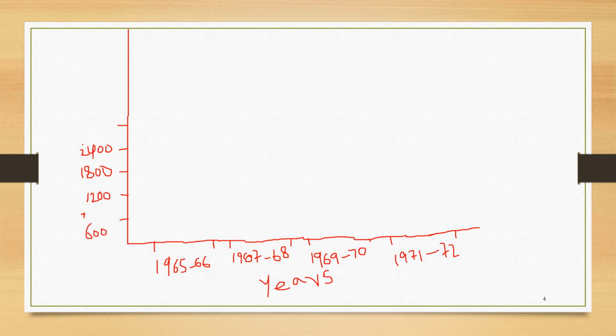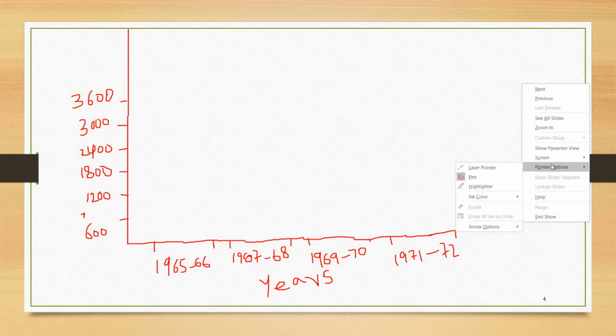Sorry. 8,000. Now, as we have to construct two bars, you have two ways to construct the two bars.